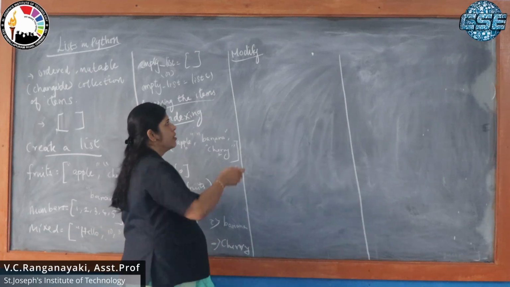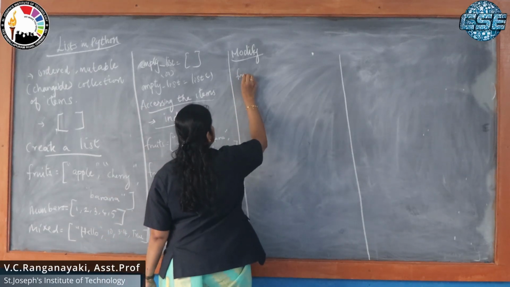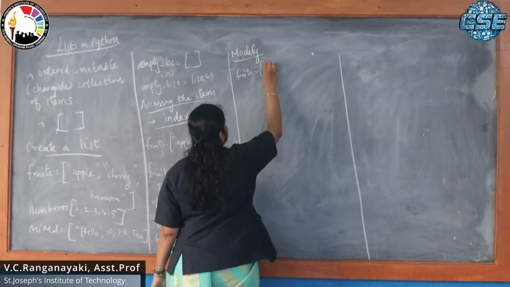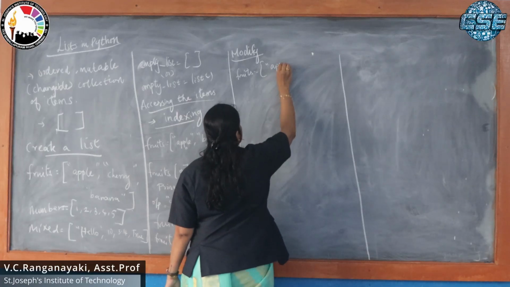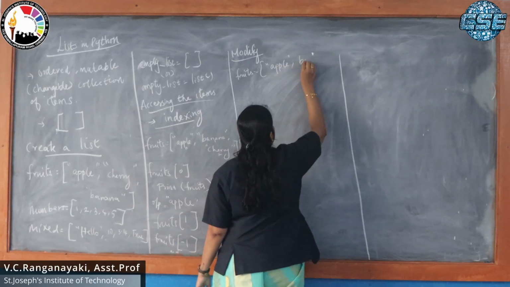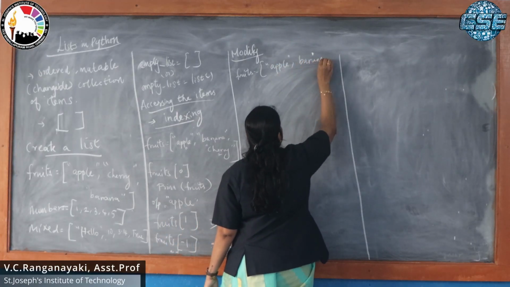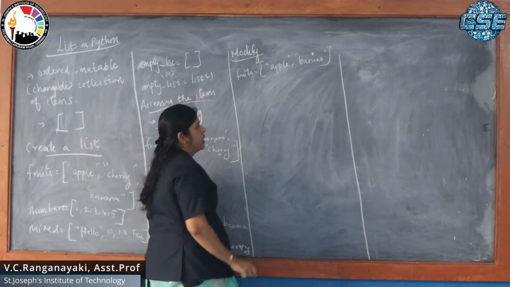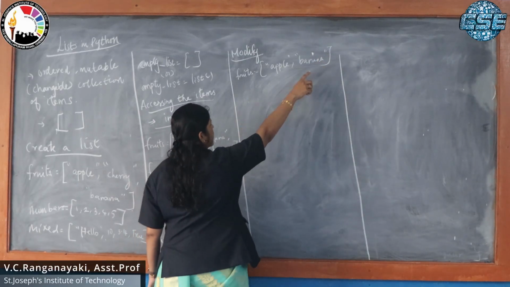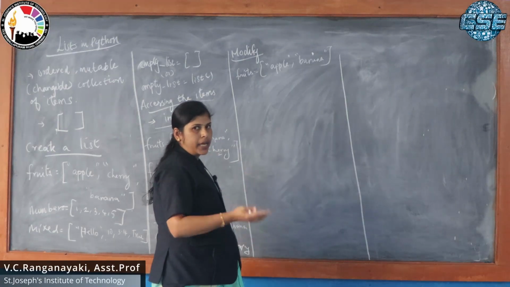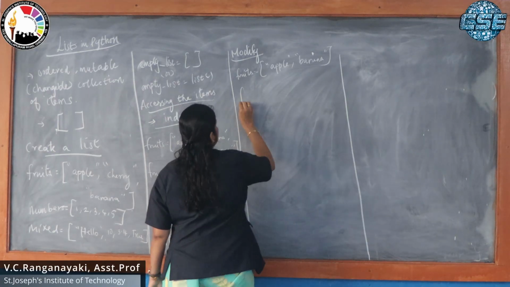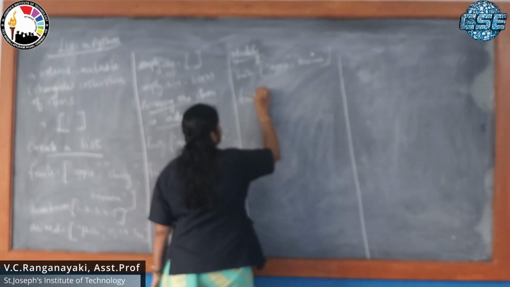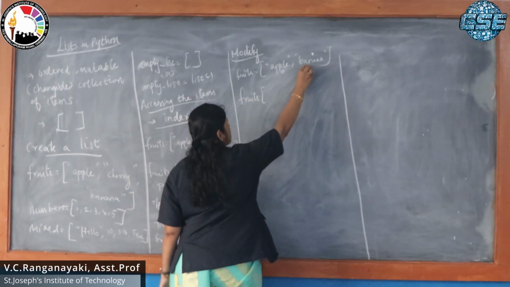Same thing. So I'll take a list as fruits equal to apple, banana. Okay. I take a list apple, banana. Now I want to change this banana into blueberry. For that I'll do fruits. This is 0th index, this is first index.